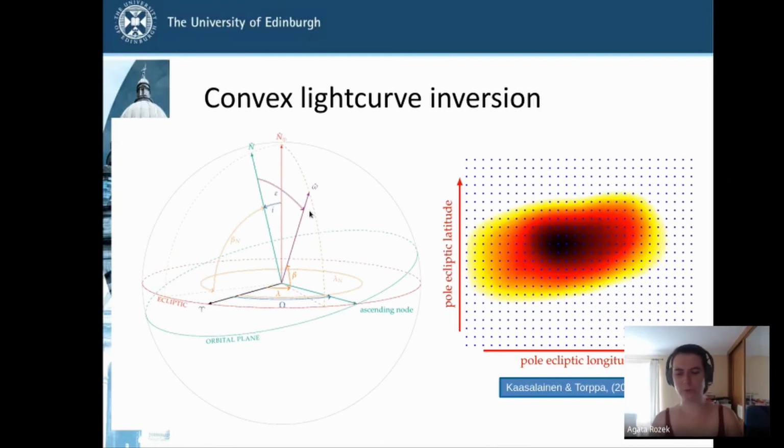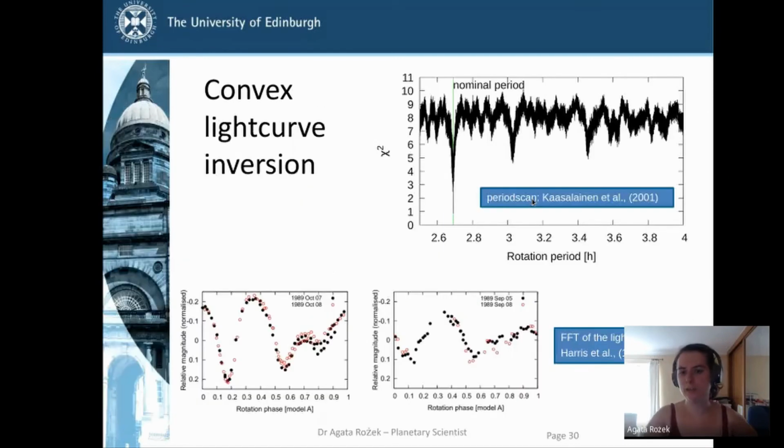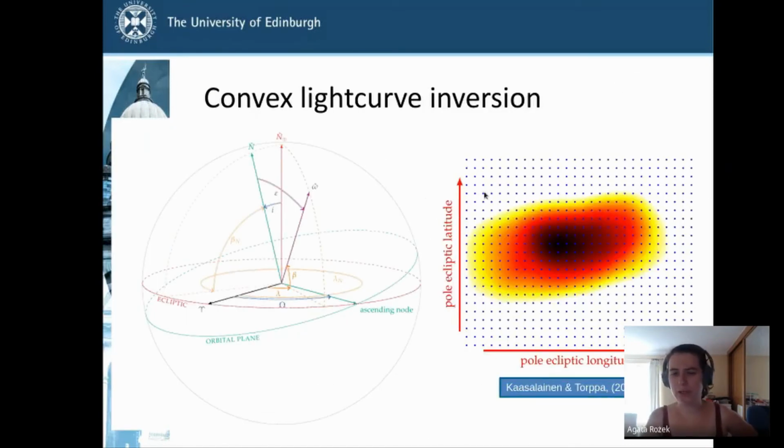So to put it more simply, I divide the plane of sky into a grid of points in ecliptic longitude and ecliptic latitude. And for each of those points, similar to what I did for each of the periods earlier, I check for which orientation of the spin axis I am able to best reproduce the light curves if I manipulate the shape a little bit.